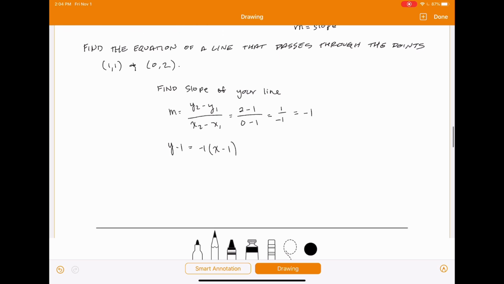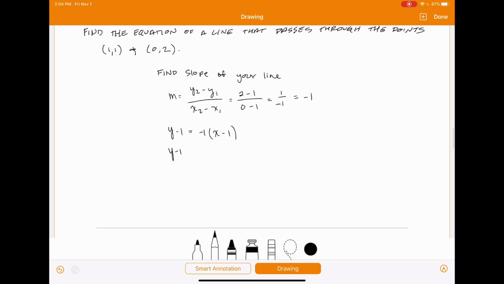All right, and then you can just use algebra to simplify. So y minus 1 equals, distribute the negative 1, we're going to have negative x plus 1, and then bring the 1 to the other side. So y equals negative x plus 2. All right, so that would be the equation for that line. Now, if you wanted to use your other point, you could do that as well.